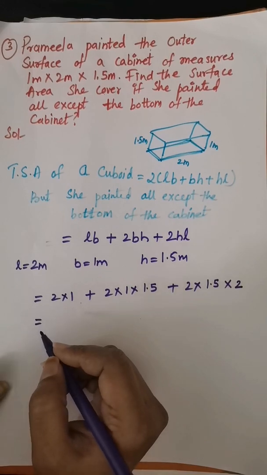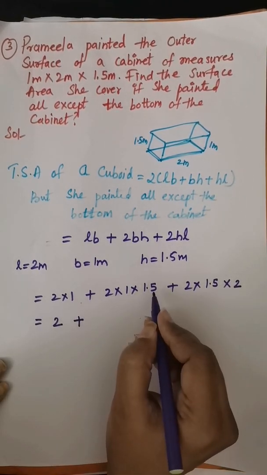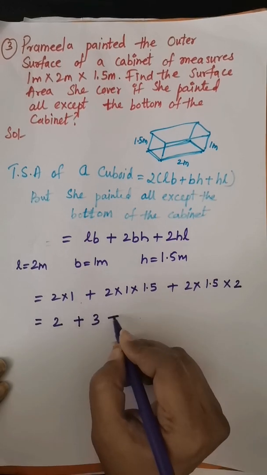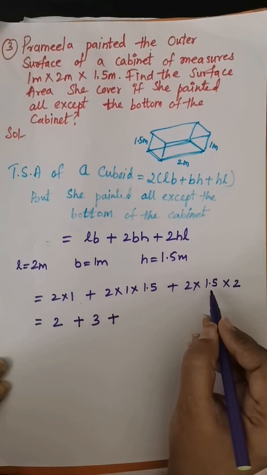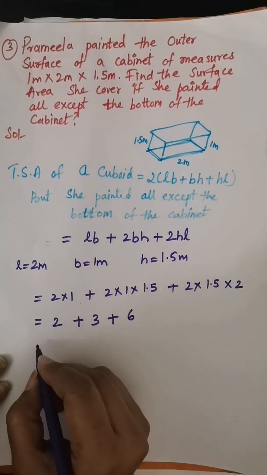So 2 ones are 2, plus 2 ones are 2 into 1.5 is 3, plus 2 into 1.5 is 3, 2 threes are 6.